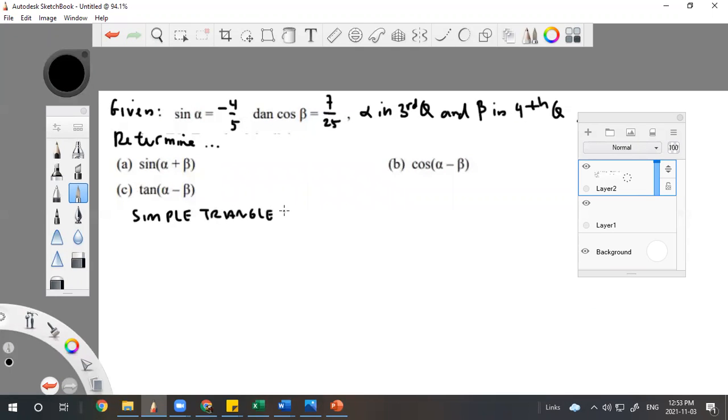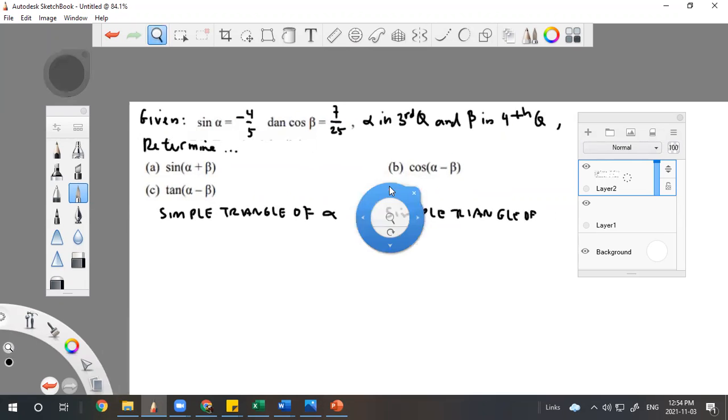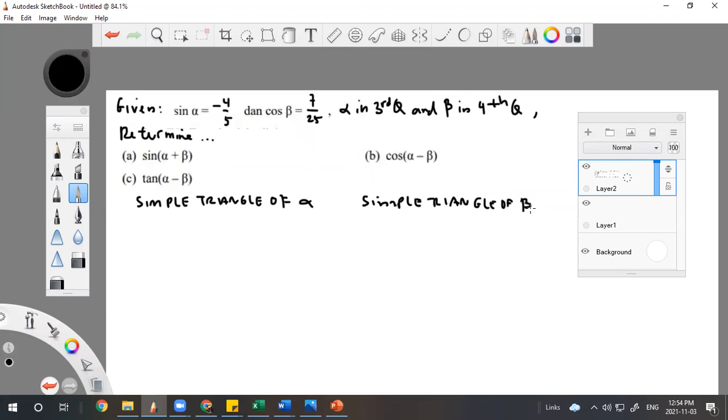Two simple triangles, of alpha and of beta. So alpha and then beta.